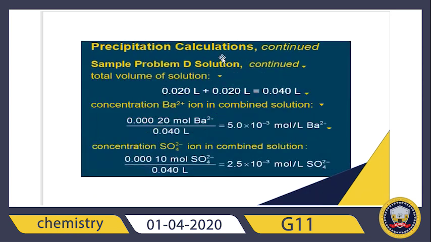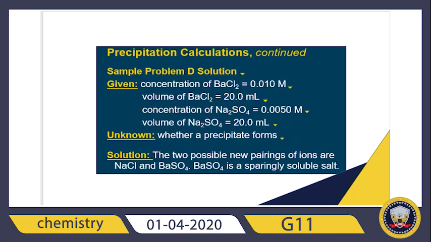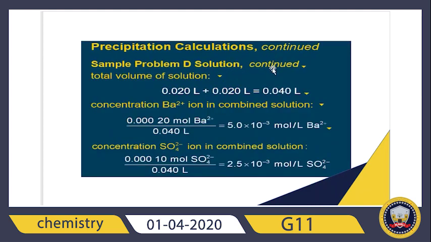Okay, so here, after you convert the value into liter, we just need to find out the total volume of the solution that is made up of the barium chloride and the sodium sulfate. Okay, and it will be equal to 0.040 liter. Okay, so now we need to find out the concentration of the ions.